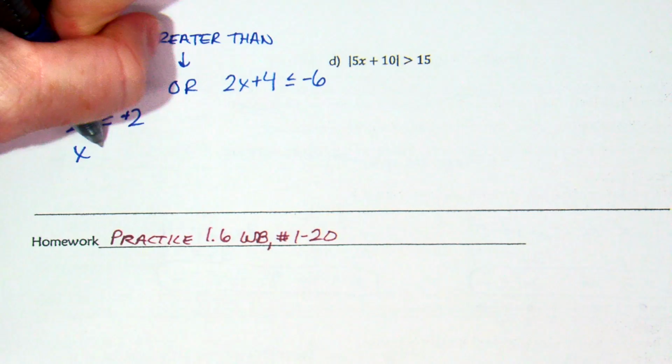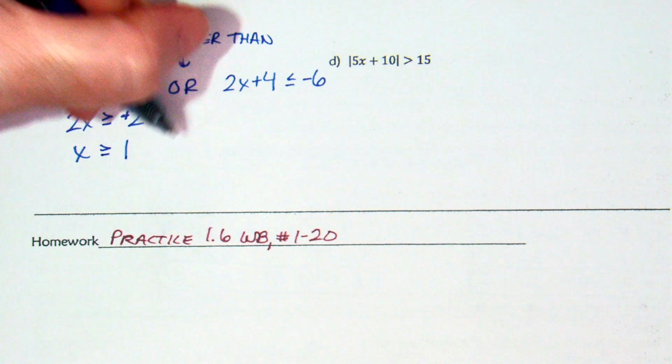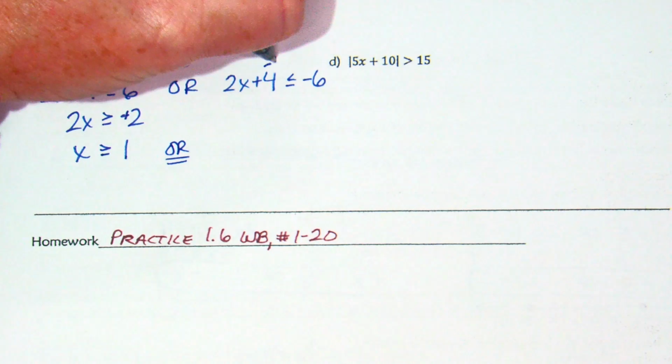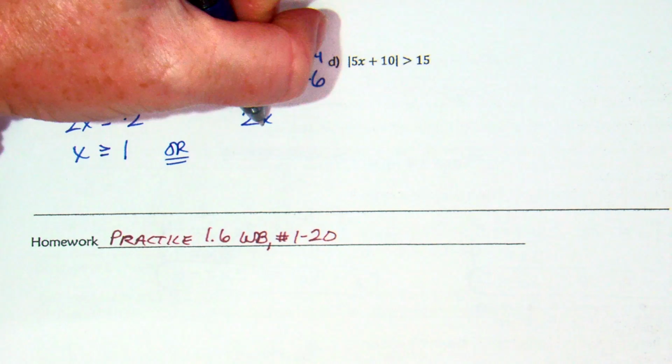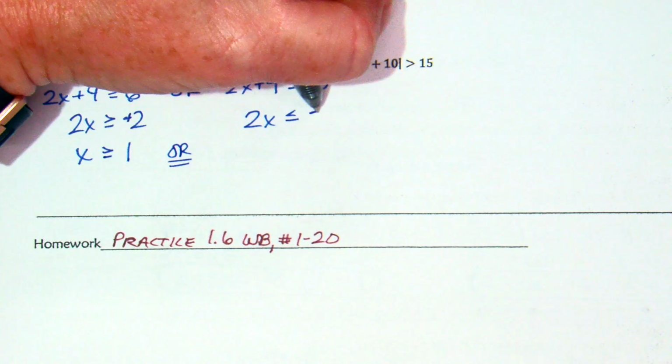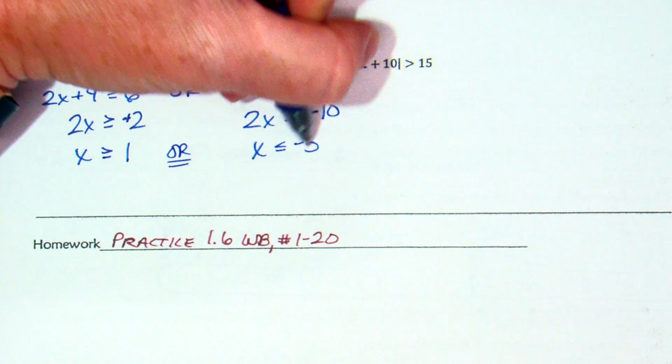Carry your word down. My word is or. Solve the next one. If it's 2x plus 4, subtract 4. 2x less than or equal to -6 minus 4, which is -10. Divide by 2, and x is less than or equal to -5.